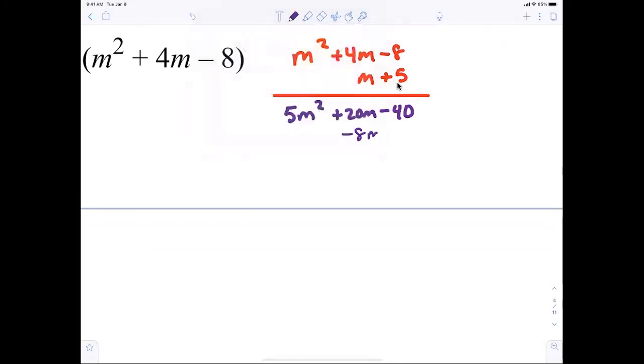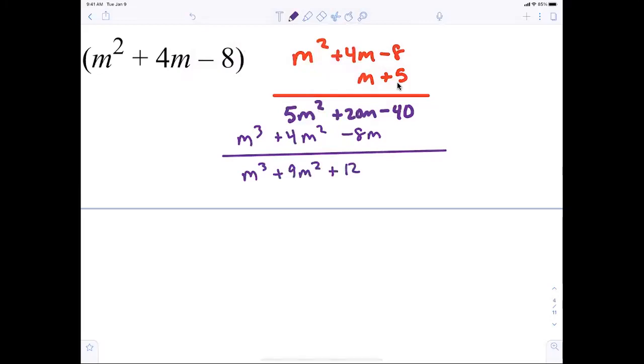Negative 8m, positive 4m squared, m cubed. m cubed plus 9m squared plus 12m minus 40. Anybody else? Nobody?